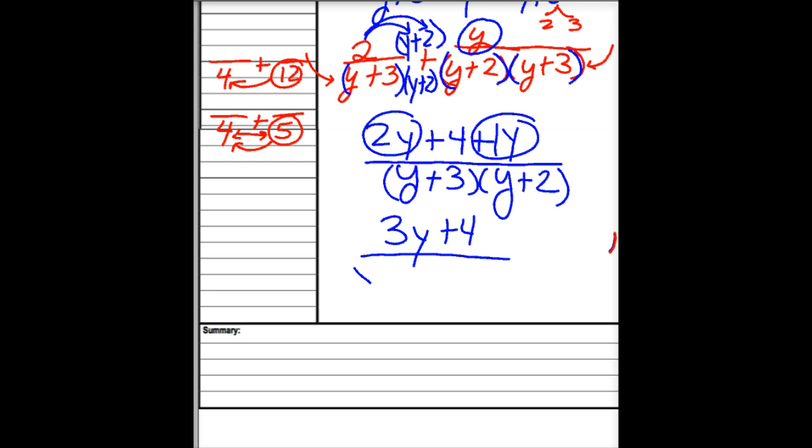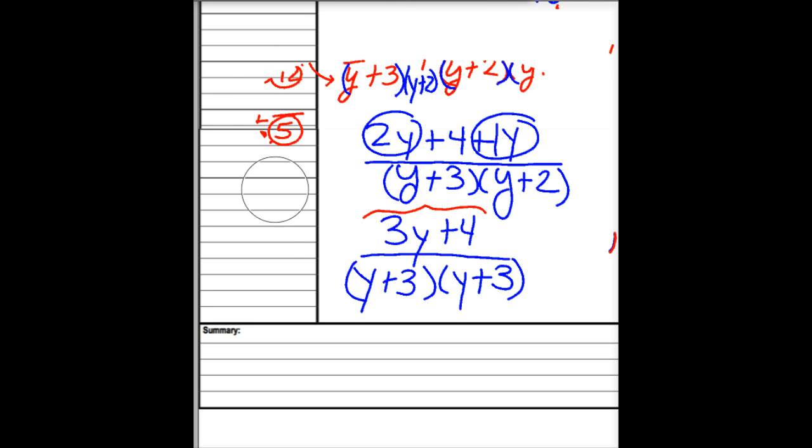And on the bottom, remember, we don't cancel when these are glued together with pluses and minuses. The only thing that's going to cancel this is if I have an entire 3y plus 4 on the bottom. Those are glued together, and you can't unglue them and start canceling parts of them. When there's a plus or minus, you need to see the whole entire factor to cancel it out. All right, this is about the longer set of notes I've done, but it's necessary in this section.